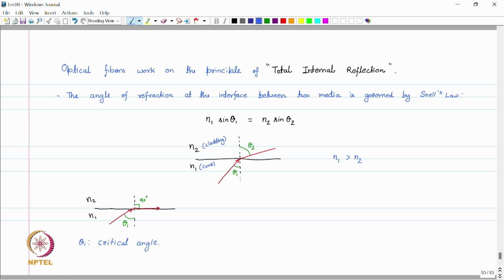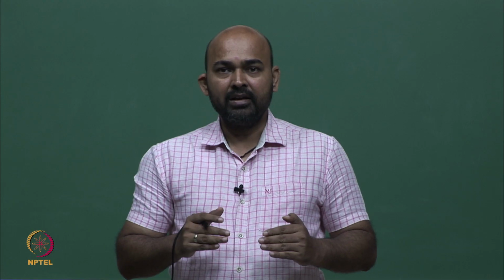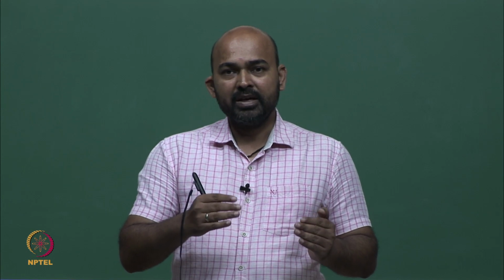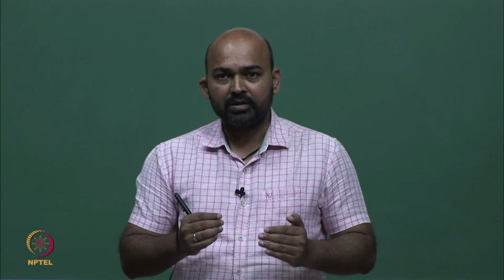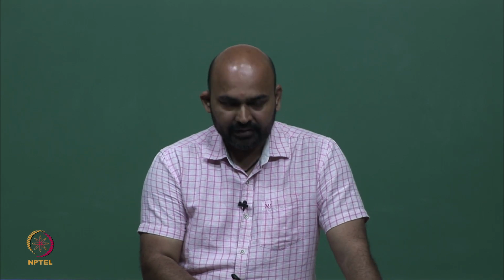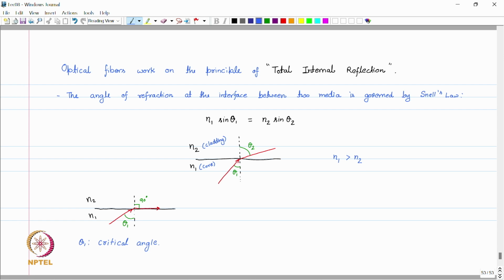So, if the incident wave from material 1 has an angle which is greater than the critical angle, this wave does not go into the cladding, but remains in the core of the optical fiber. And if we further increase this theta 1, the incident wave angle, then instead of staying on the surface itself, this wave actually bounces back into the core.